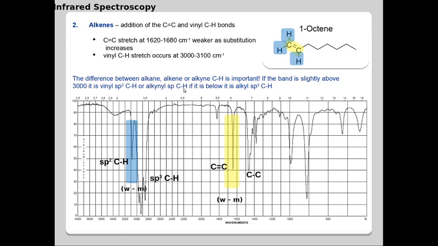Okay, and again if the band appears below 3000 centimeter inverse, then it could be due to the carbon hydrogen stretching vibration of an sp hybridized carbon or an sp3 hybridized carbon.